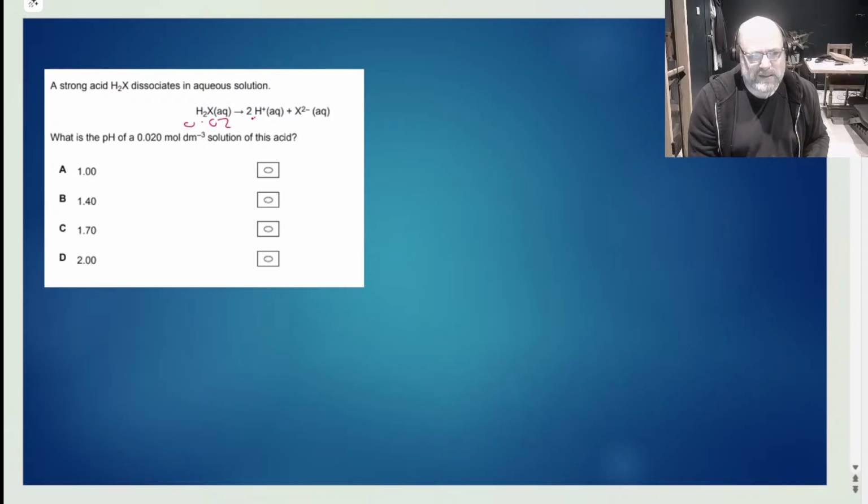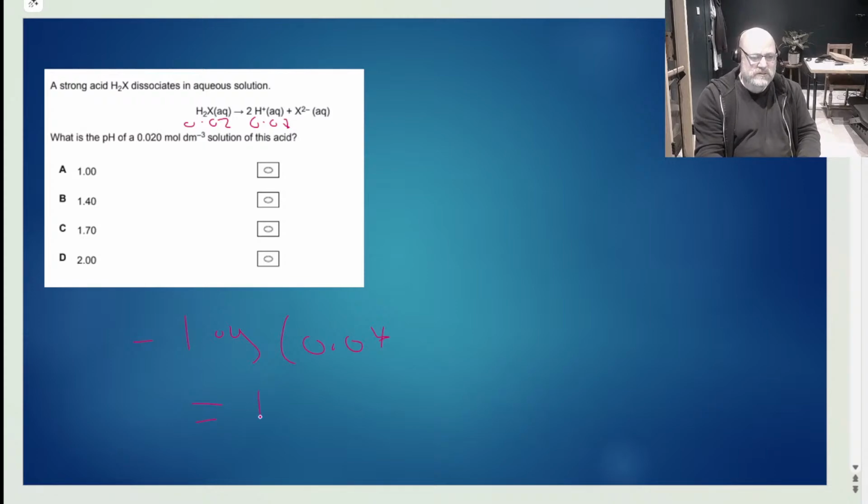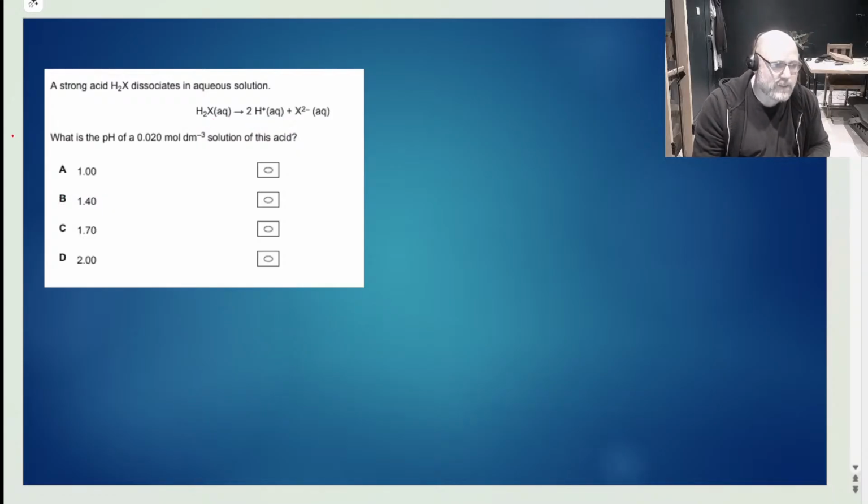It's diprotic, so it's 0.04. So you're just going to minus log. It's basically the same thing as before. This was a completely different question, so it just shows you the same questions come up again and again. It's going to be like 1.39, something like that. So you're going to go for B. Right, let's move on.